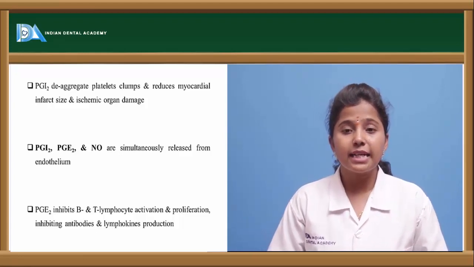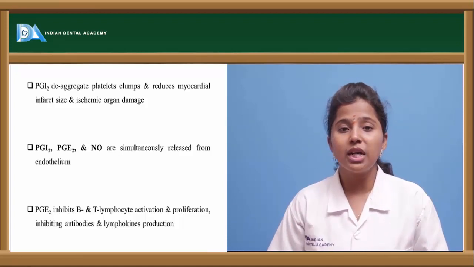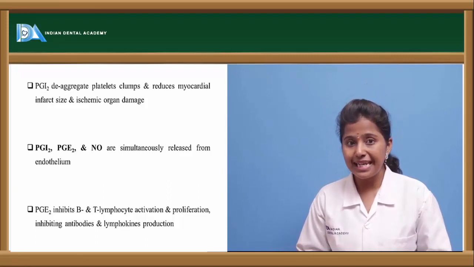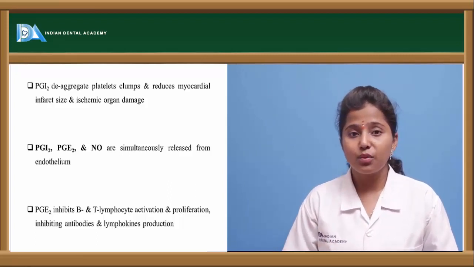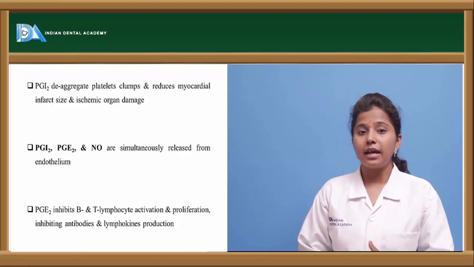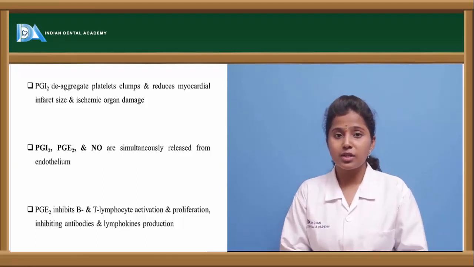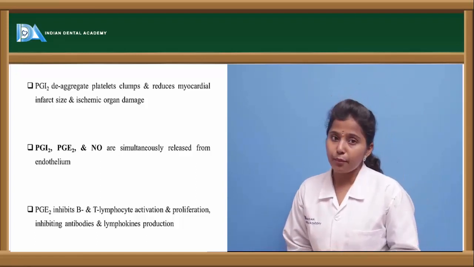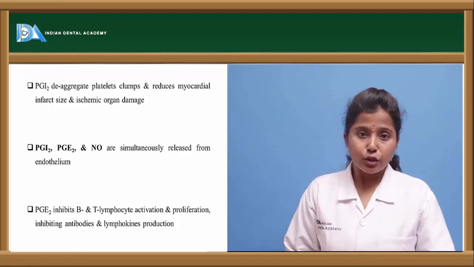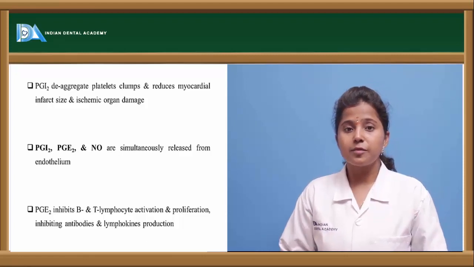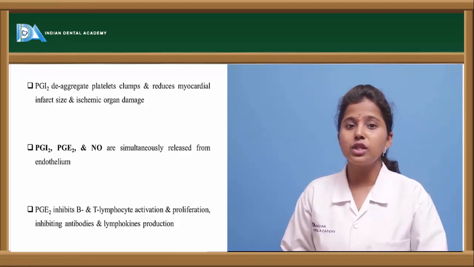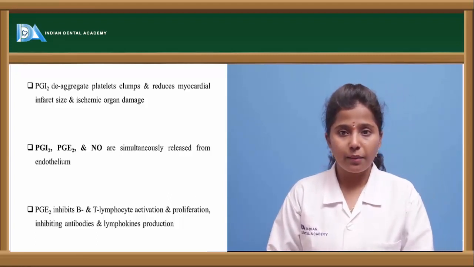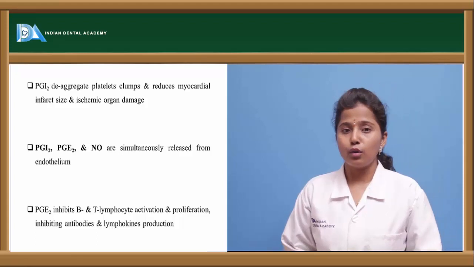Because of that, nitric oxide, which is a potent vasodilator, when released in the body causes vasodilatation, and thereby the vascular smooth muscles are dilated and the blood flow will be in a proper manner. But over secretion or over synthesis of these prostaglandins may cause increased vasodilation, which leads to hypotension, which is not recommended for a patient or for a normal human being.